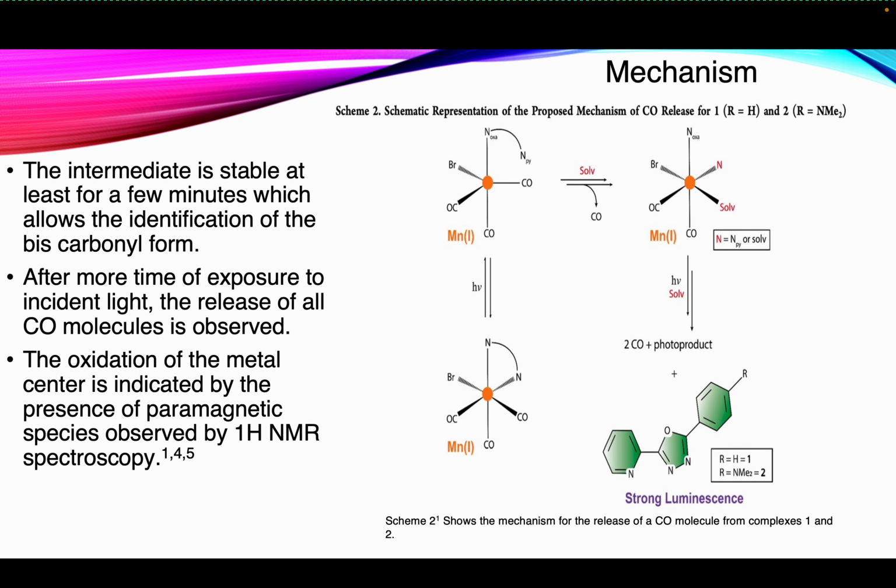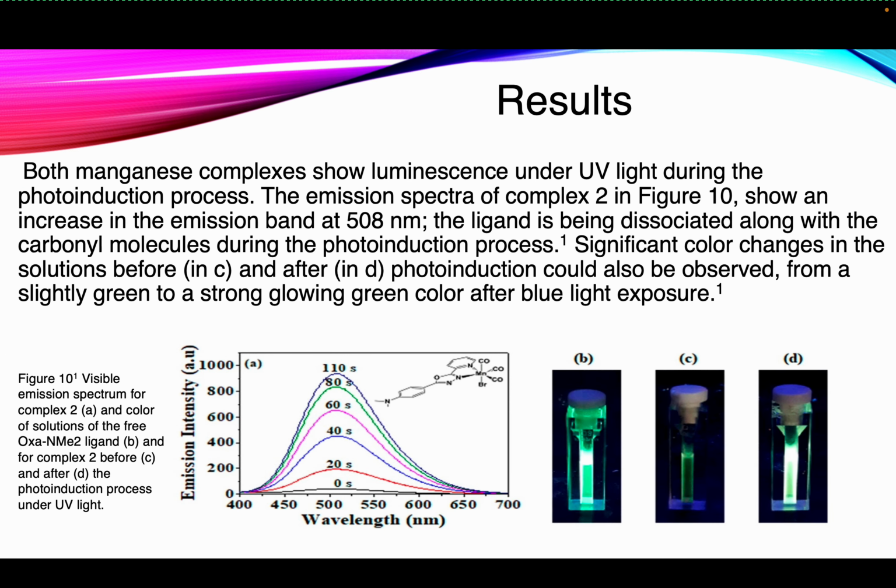And the oxidation of the metal center is indicated by the presence of paramagnetic species observed by that proton NMR spectroscopy. The results were actually pretty interesting. Both manganese complexes showed luminescence under UV light during the photoinduction process.